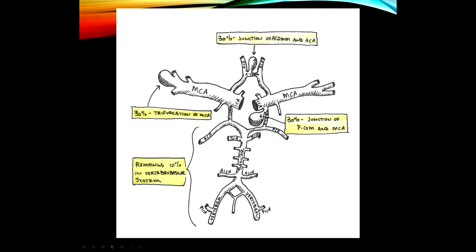That's the one that will compress the third nerve. So notice that aneurysms are much less common in the posterior circulation. And the reason is probably because there's just more pressure in the anterior circulation. So aneurysms are more likely to form as in comparison to the lower pressure vertebral basilar artery system.